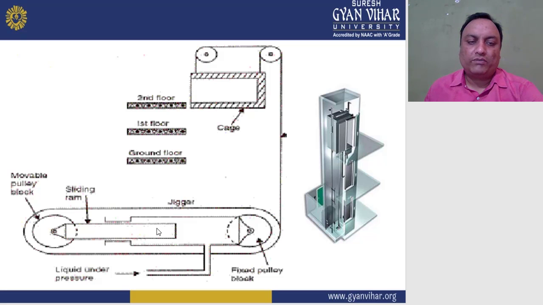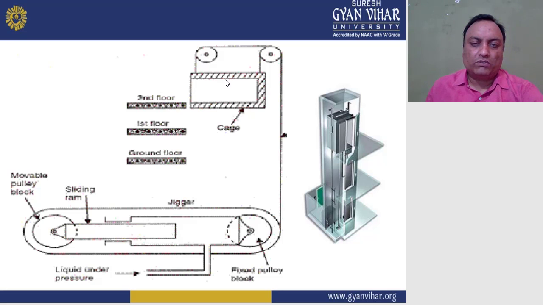If you want to shift the ram from the ground to the first floor, then you apply the liquid under pressure from here, and then if this system retracts, it straightens the pulleys, and in this case this lift goes up.